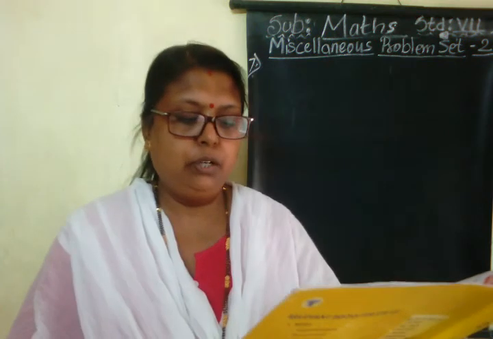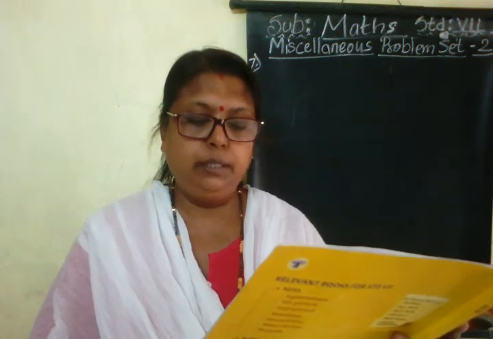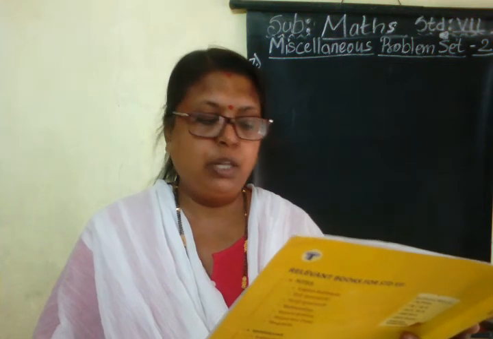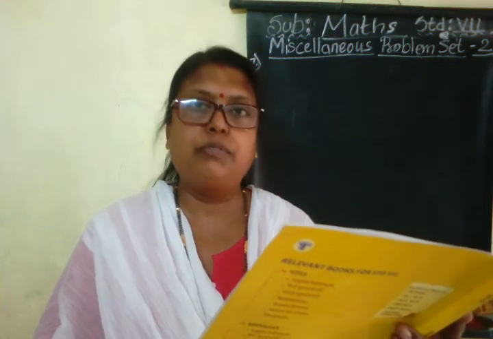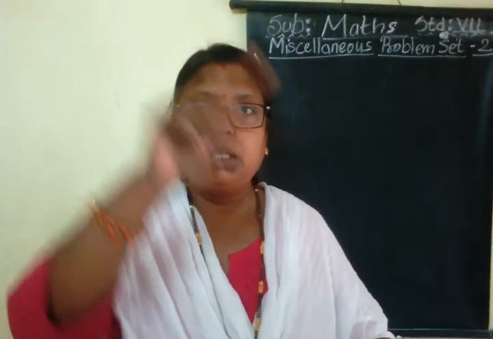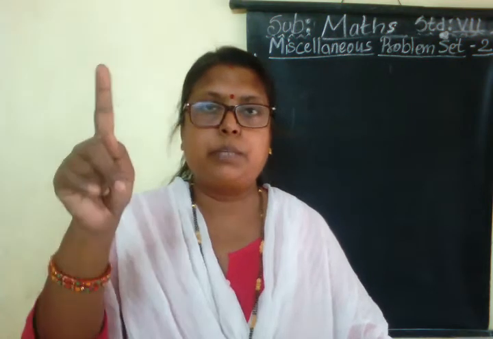The diameter of the wheel of a cart is 1.05 meter. How much distance will the cart cover in 1000 rotations of the wheel? Means bullock cart, all of you must be knowing, the wheel of the cart is circular in shape.